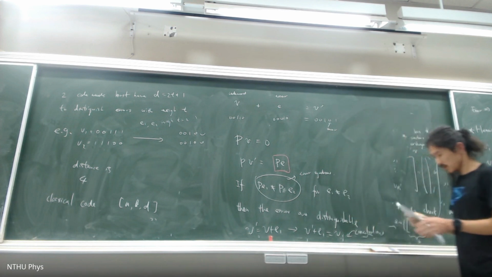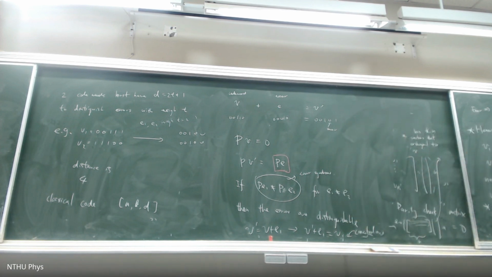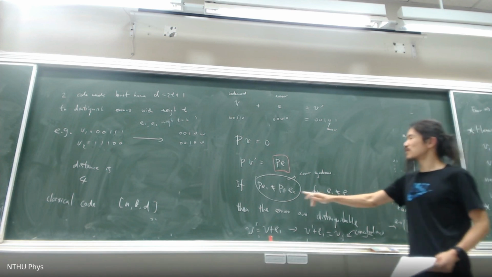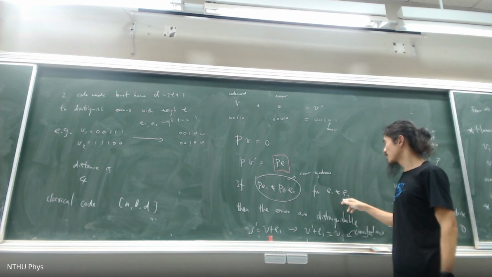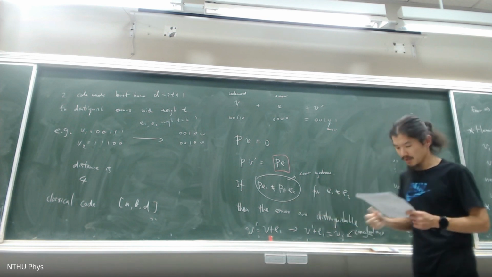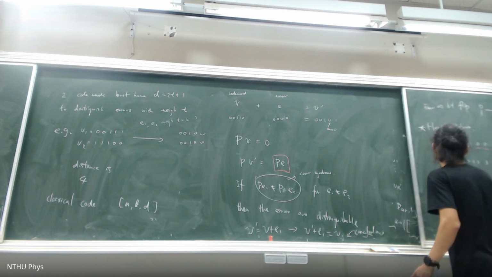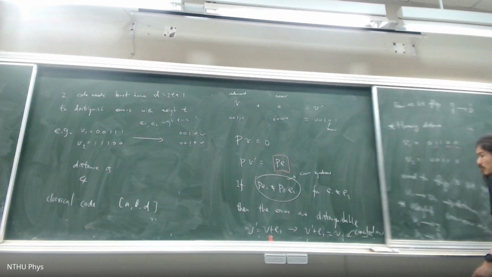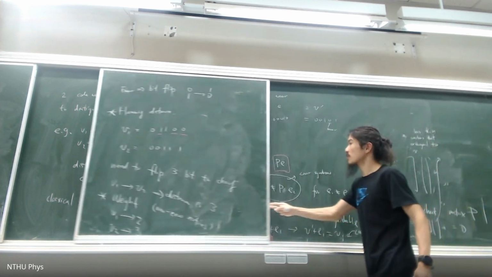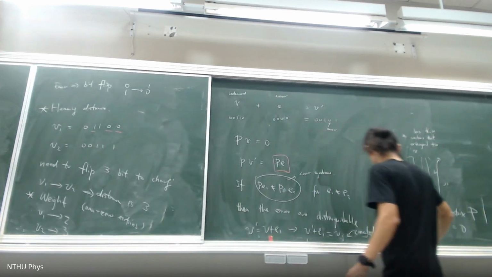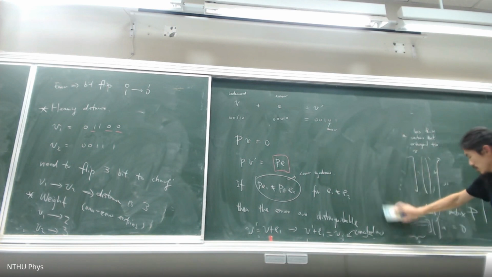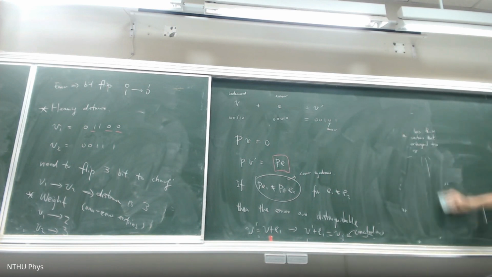This is still a very simple idea. On the other hand, if PE1 is not equal to PE2 fails, I cannot distinguish. It's easy. Okay, this is the idea, and you can show more. This is a very simple setup.